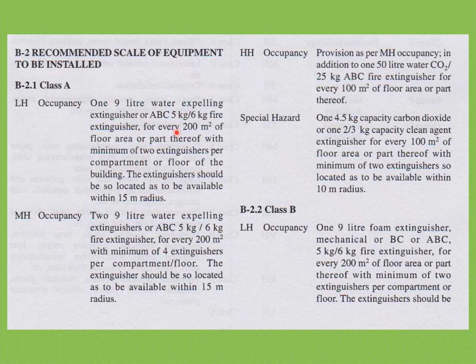Say for lower hazard occupancy, one 9 liter water expelling extinguisher or ABC 5 or 6 kg fire extinguisher for every 200 square meter floor area, or part of it.